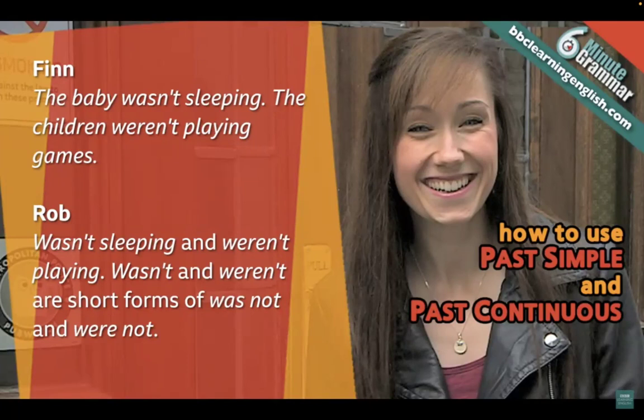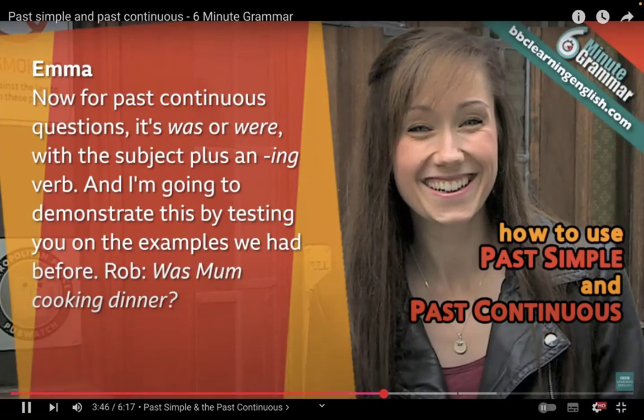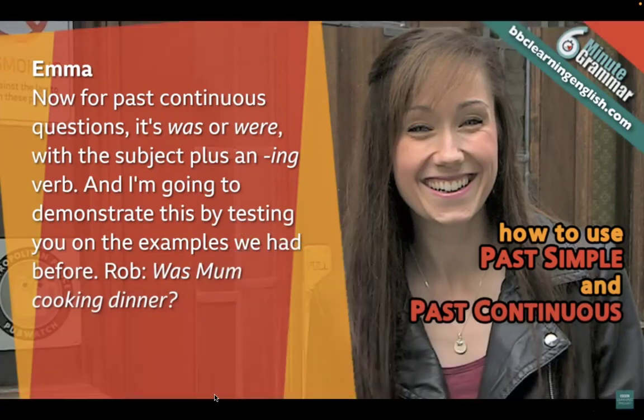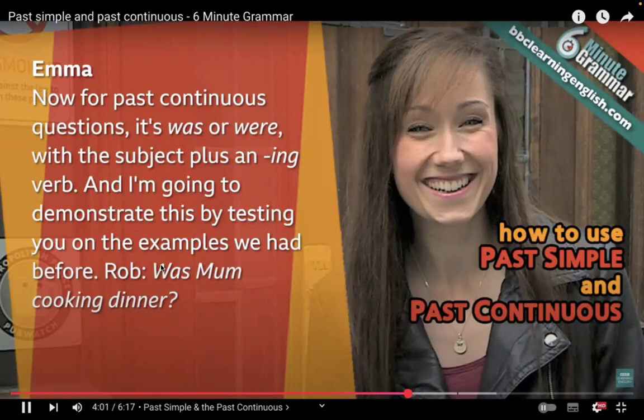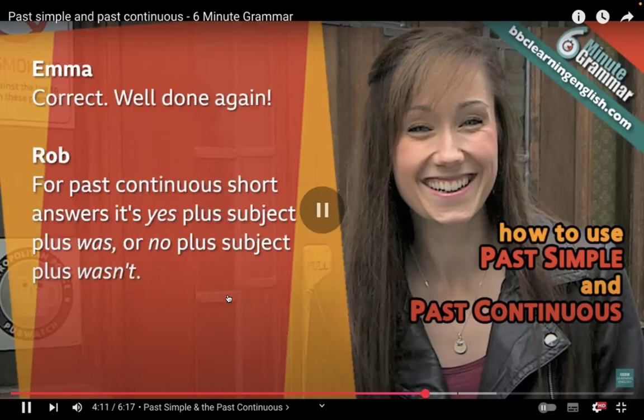Wasn't sleeping and weren't playing. Were not. Now, for past continuous questions, it's was or were with the subject plus an ing verb. And I'm going to demonstrate this by testing you on the examples we had before. Rob, was Mum cooking dinner? No, she wasn't. Dad was cooking dinner. That's correct. Well done. Were the children playing games? No, they weren't. Correct.